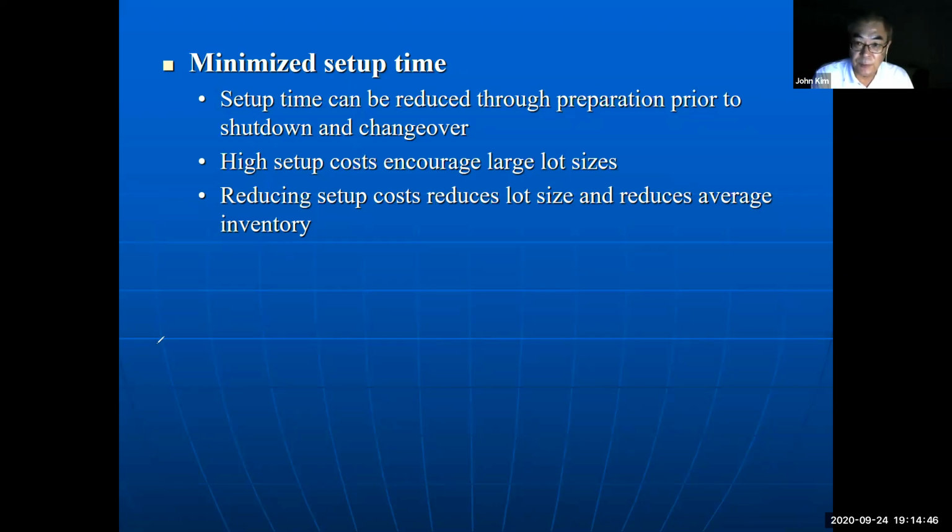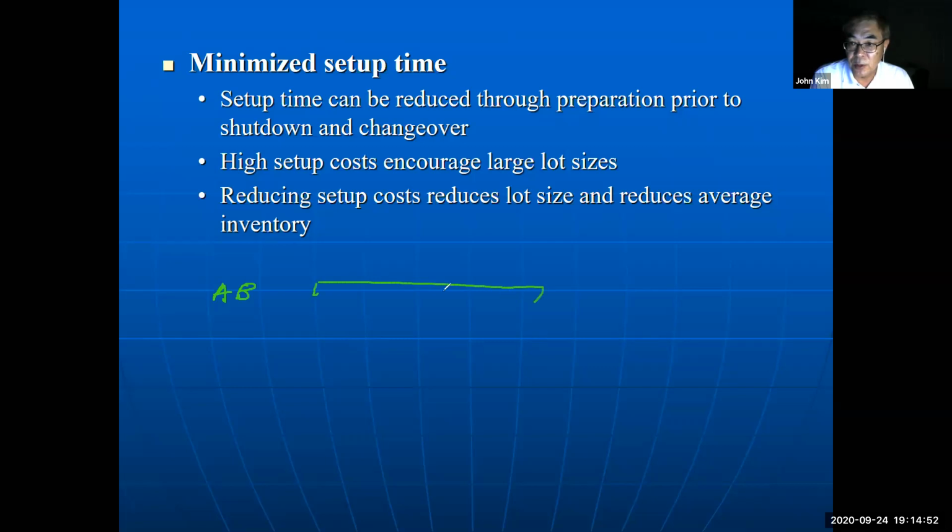So if type A, type B, using one production line or assembly line, type A comes and then type B comes, then they need a setup. Or AB, then setup needed.